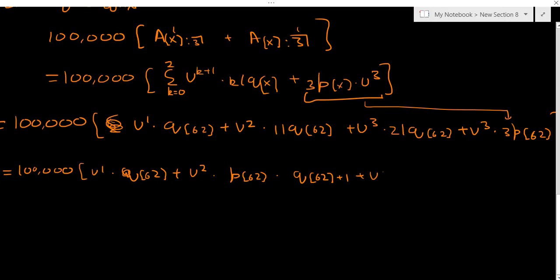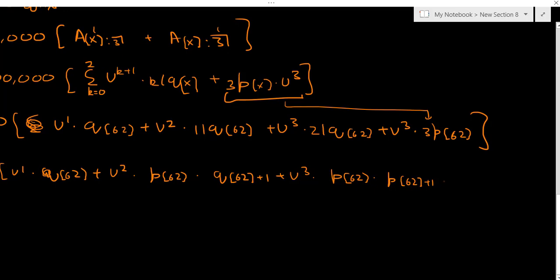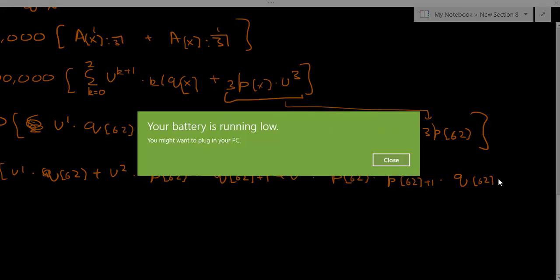Okay, plus v to the power of 3 into 2 deferred, so I've got the probability that a person aged 62 survives for 1 year, then the probability that a person aged 62 plus 1 survives for 1 more year, and then this person dies at the age of q62 plus 2.